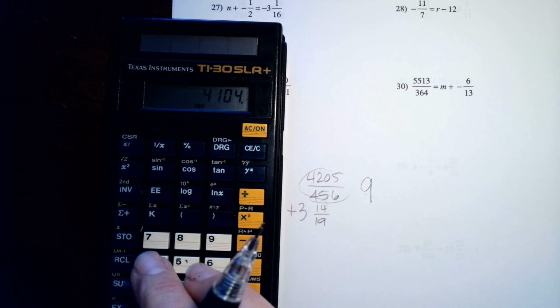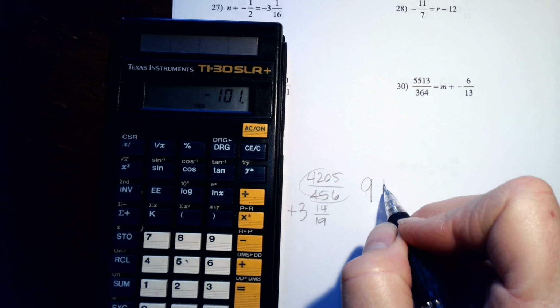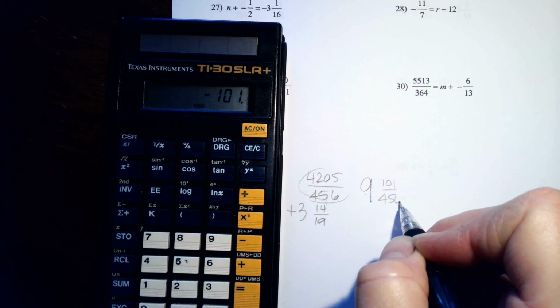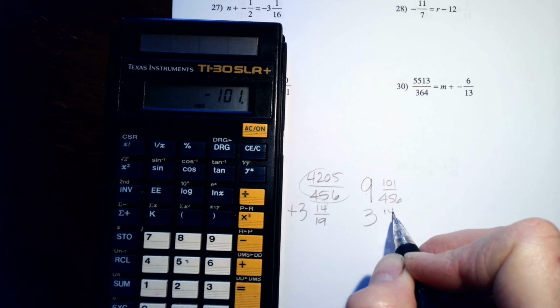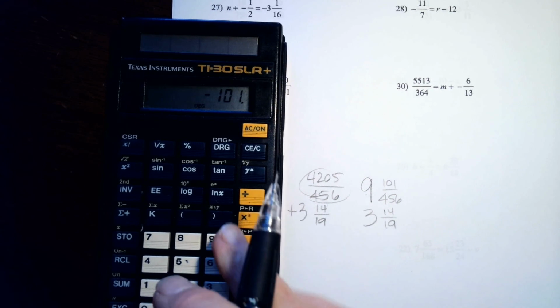And then I'm going to subtract 4,205, so it's 101/456. So you just do that.